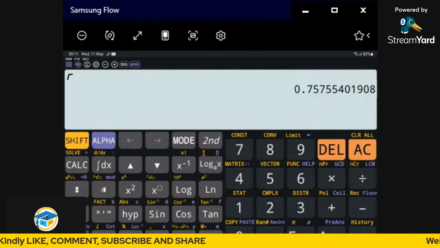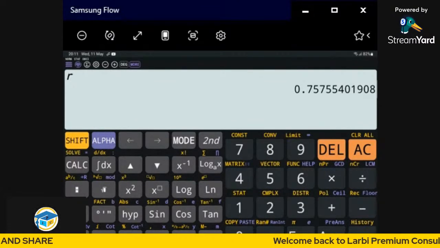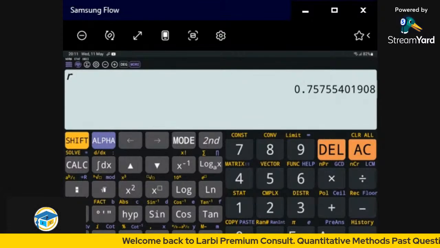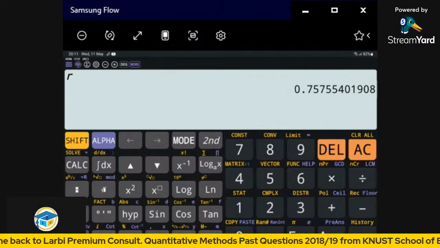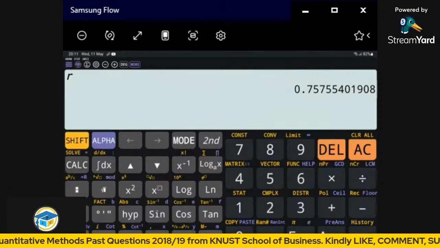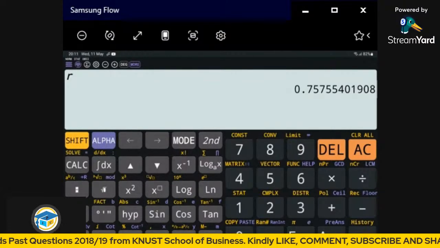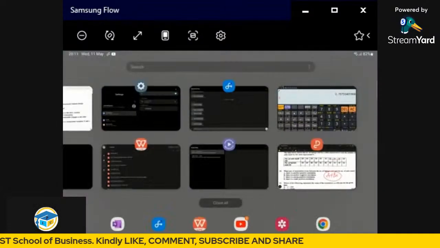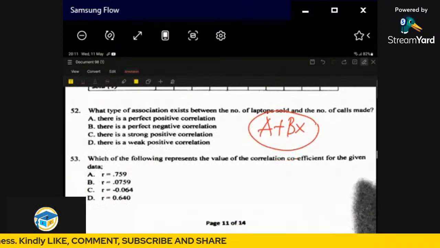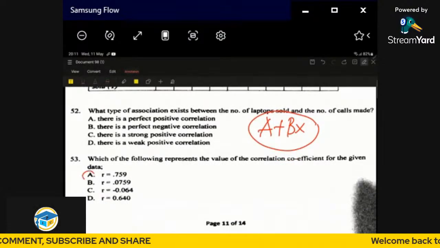The table will pop out and you key in the values of X and Y. Then you press AC, press shift and 1, and select the coefficient of correlation. Once you select R and press the equal sign, you get your final answer. So that's how we use the calculator to deal with that. In our case here, we can say that the answer can be closer towards A, which is what?